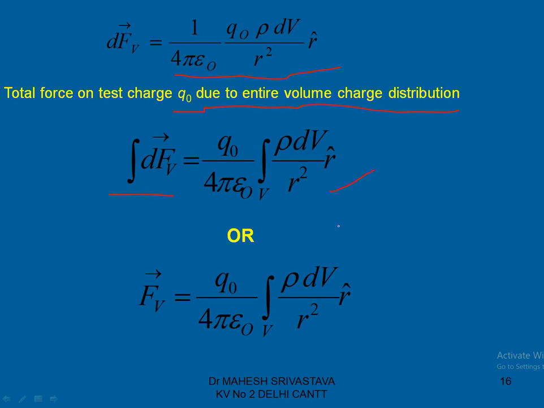This expression can be written as F_V vector equals Q naught upon 4 pi epsilon naught volume integral rho dV upon R square R cap. So this is the total force acting on test charge Q naught due to the entire volume charge distribution.